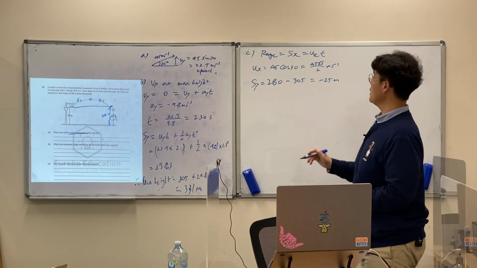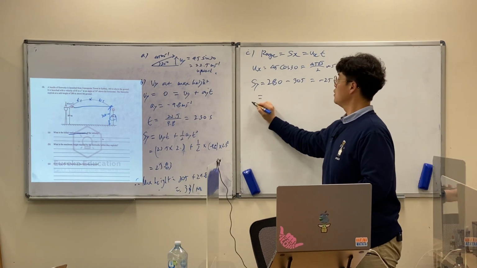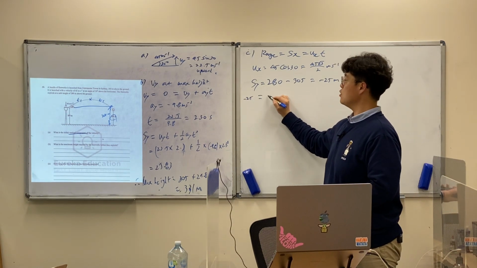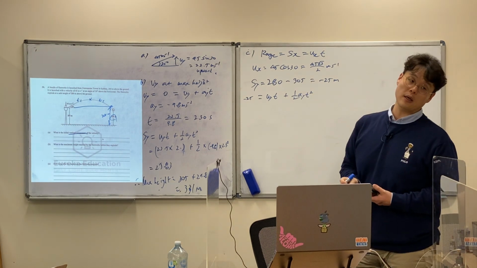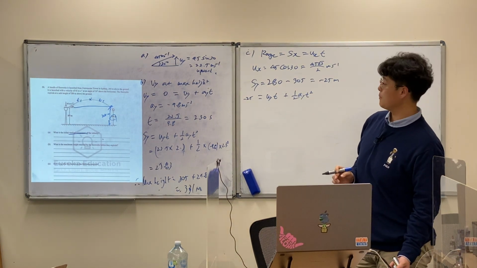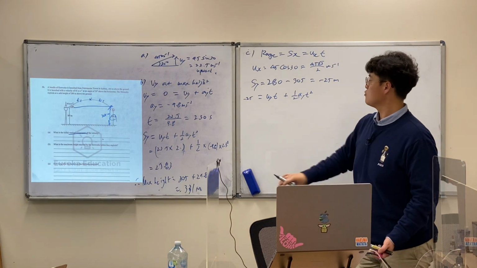Sy equals minus 25 meters equals uy t plus half ay t squared. How many marks for that actually? Should be more.